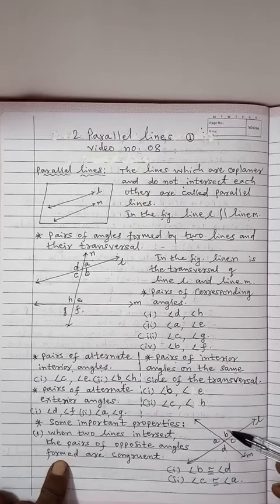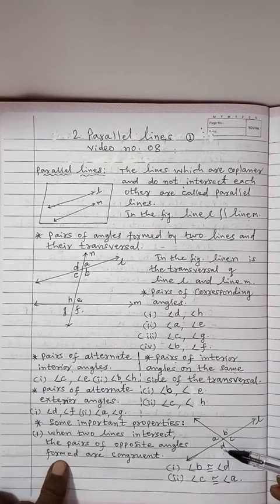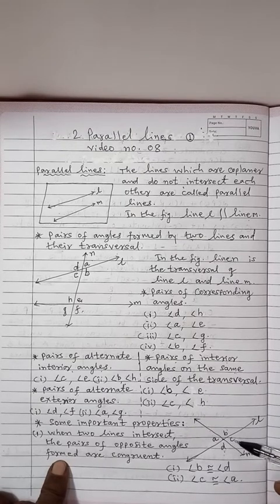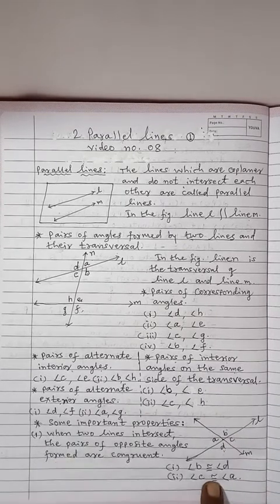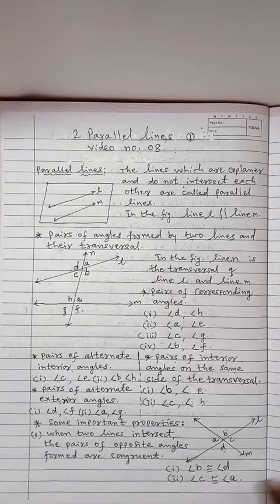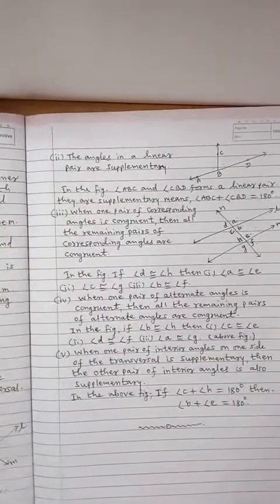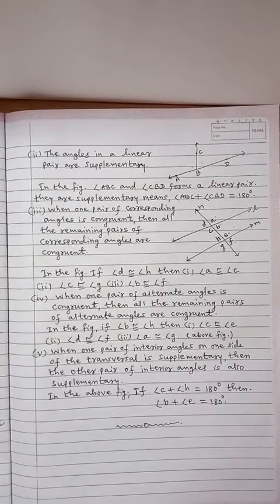Angle B and angle D are opposite angles and they are congruent. Angle A and angle C, a pair of opposite angles, are also congruent.